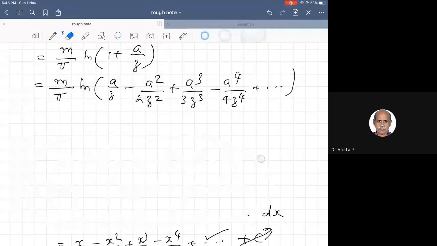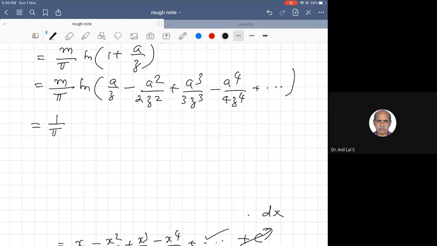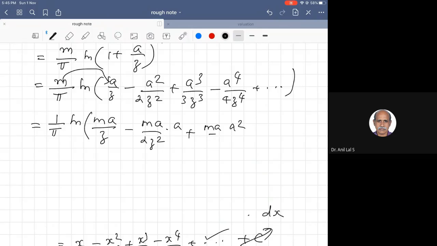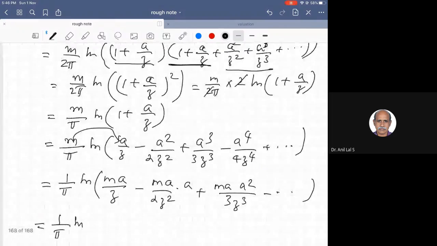So we do one thing. In this, we will have this 1 by pi, and we take this m inside so that we can apply the limit m into a, a tending to 0. So here also m into a by z minus m into a squared by 2z squared plus m into a cubed by 3z cubed minus etc. Sorry, that's a mistake from here onwards.